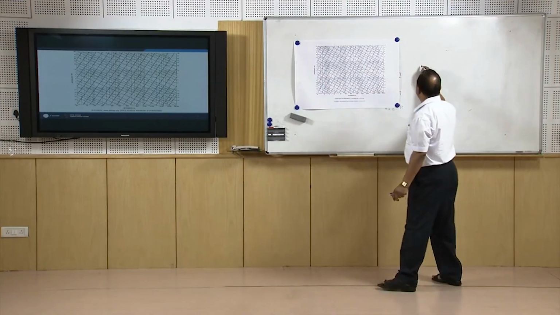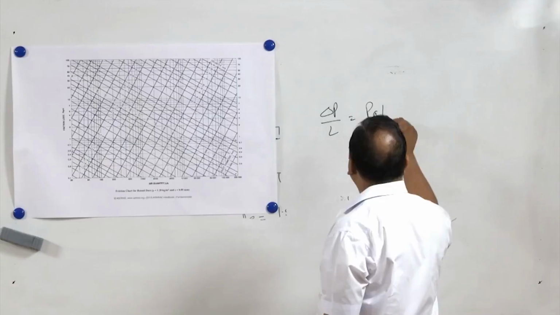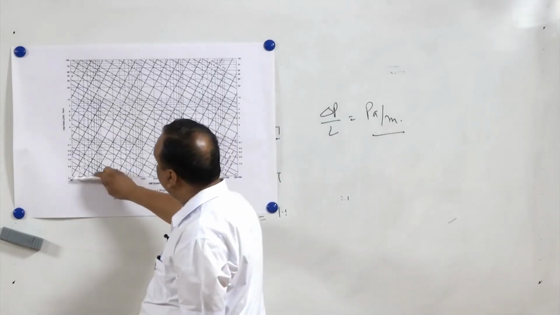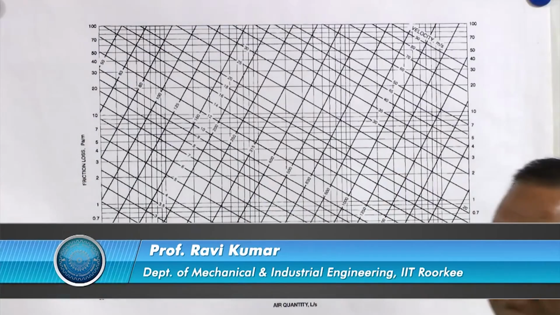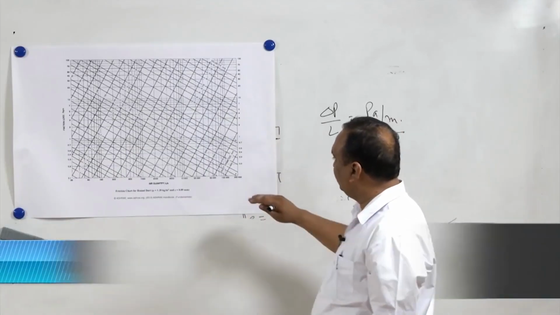Friction losses in Pascal, delta P by L, Pascal per meter is given, and these friction losses start from 0.1 Pascal per meter to 100 Pascal per meter. 100 Pascal per meter is very high friction loss. Similarly, 2 lakh liters per second is also a very high discharge rate.